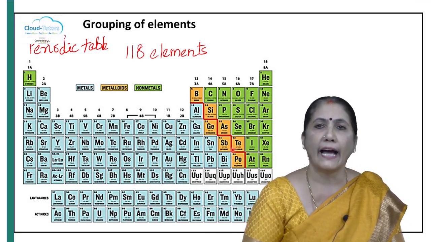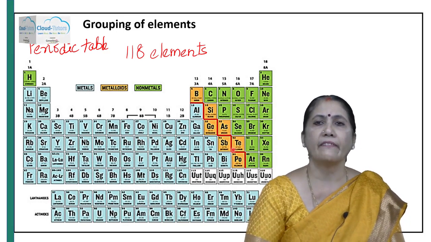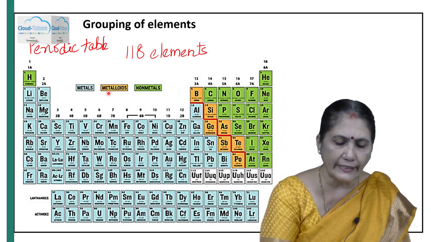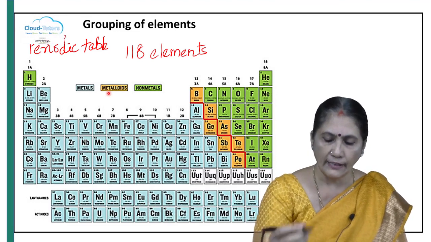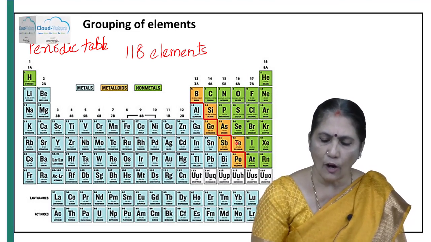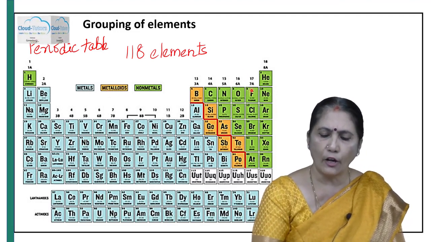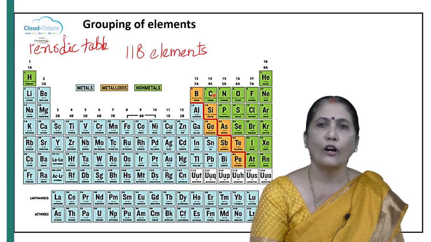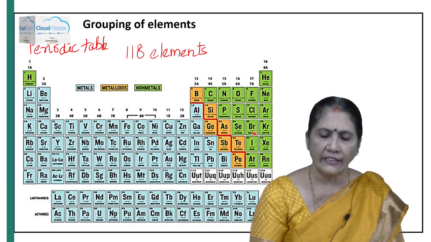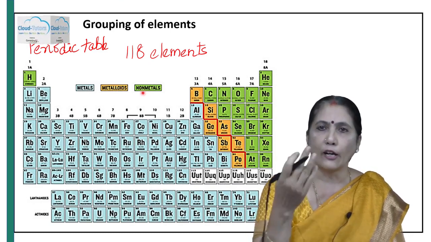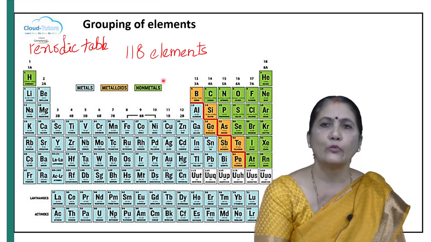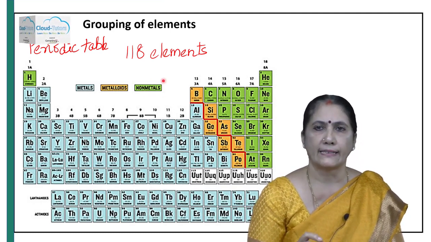They are called semi-metals, otherwise called metalloids. Whereas on the extreme end of the periodic table, all shaded as the green region, they are occupied with elements which are non-metals.